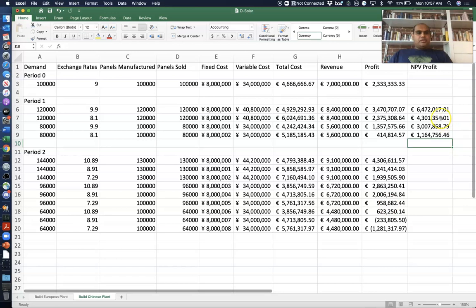And there you go. So those are the net present values of profit for period 1. And let's calculate the net present value of profit for period 0. So it'll be current profit plus divided by 1.1.